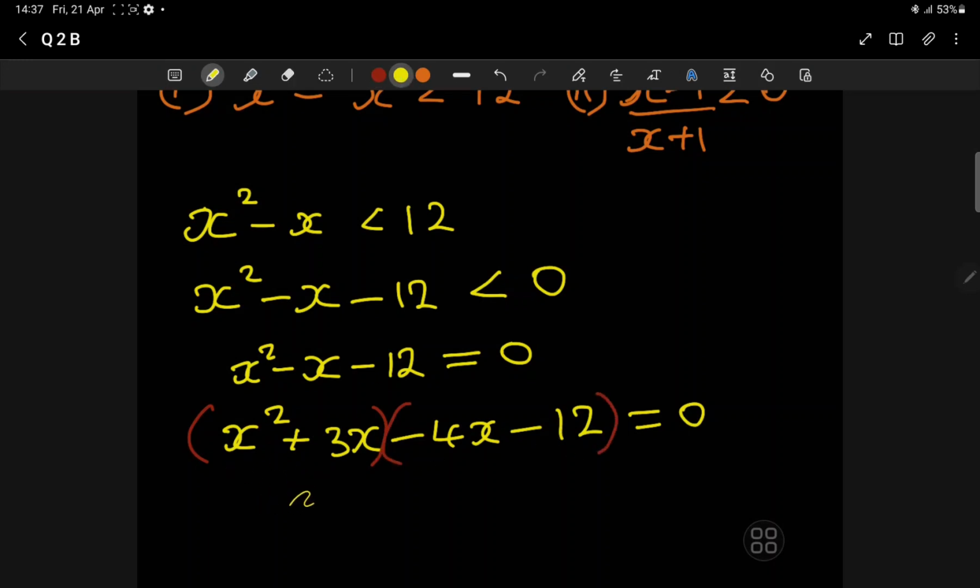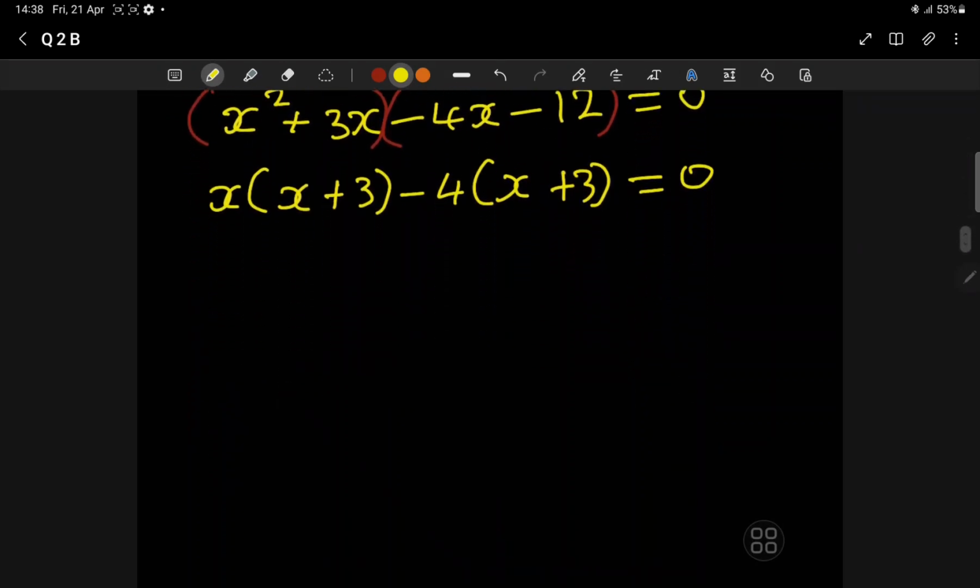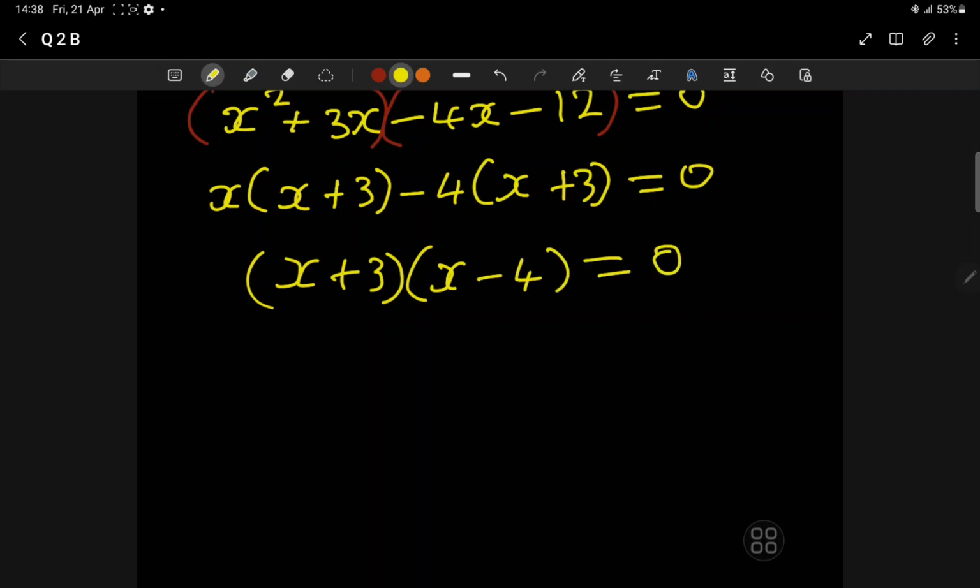Here when we factorize, we'll get x times x plus 3. Here when we factorize, we get negative 4 times x plus 3, and this is equal to 0. Then when we factorize with the x plus 3, we remain with x minus 4, which is equal to 0.